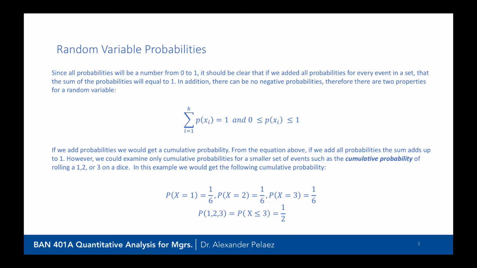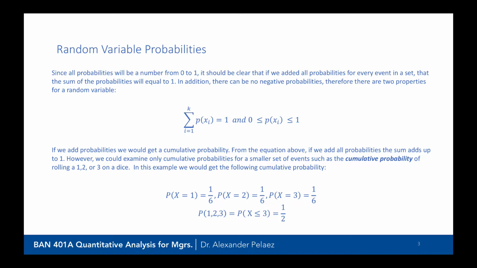If we add all the probabilities, we would get what's called a cumulative probability. From the equation above, if we add all of the probabilities, we get a cumulative probability of 1. However, we can examine only cumulative probabilities for a smaller set of events, such as the cumulative probability of rolling a 1, 2, or 3 on a die. In this example, we would get the following cumulative probability.